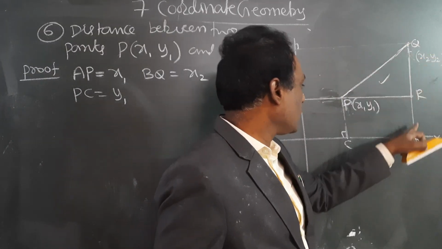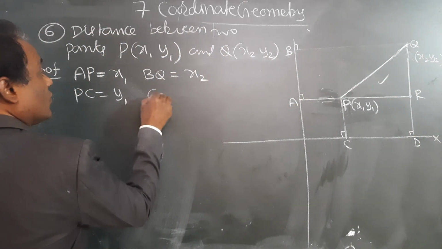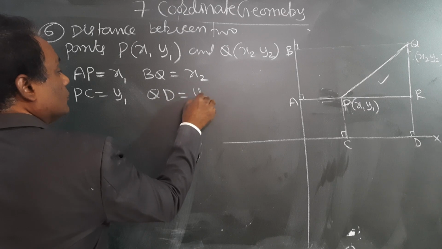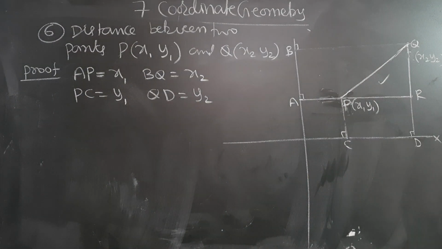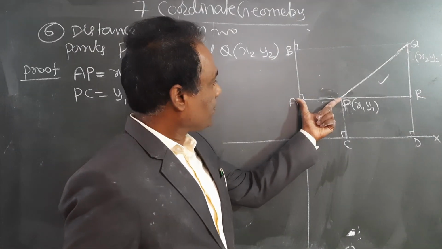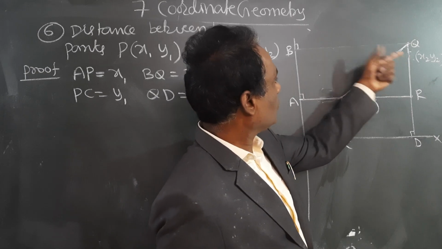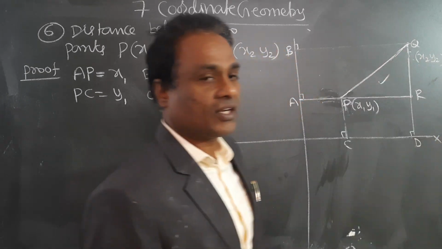Then QD is Y2. Vertical distances are Y values. Write down: AP is x1, BQ is x2, PC is y1, QD is y2.